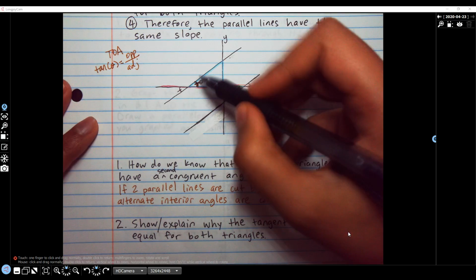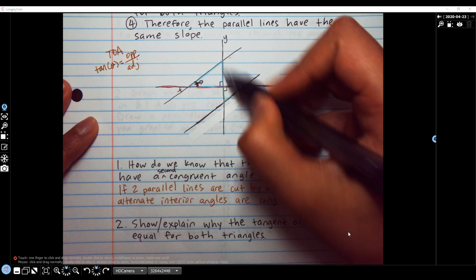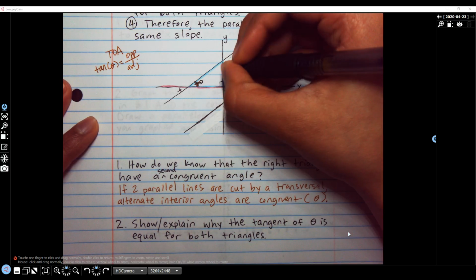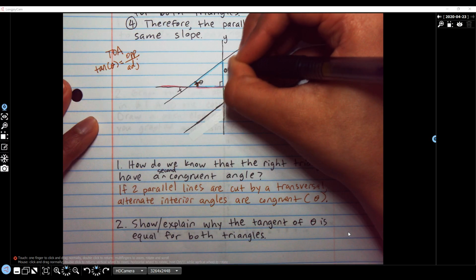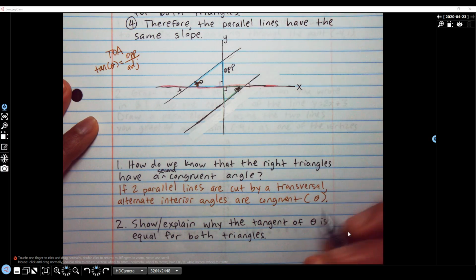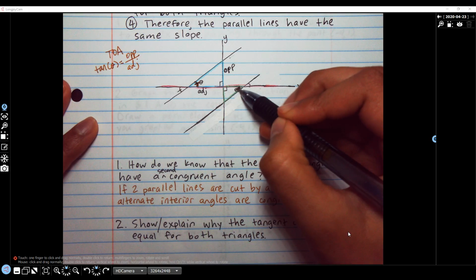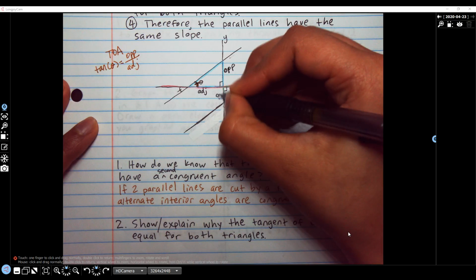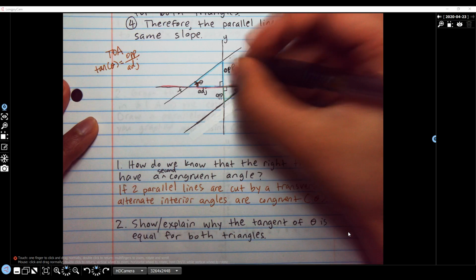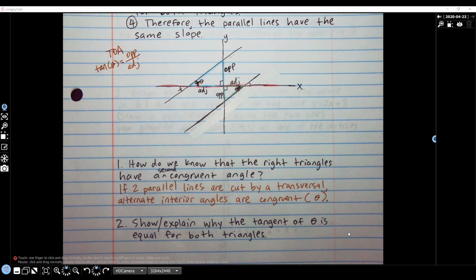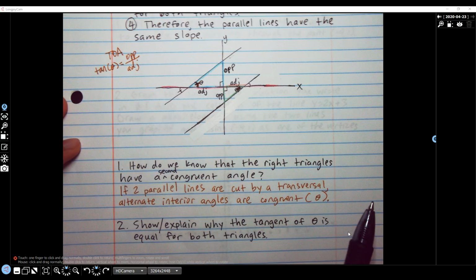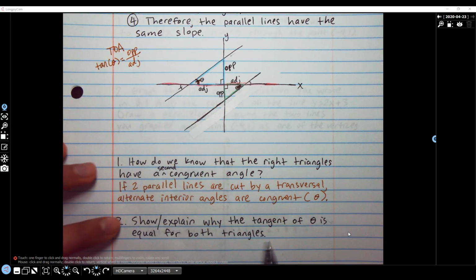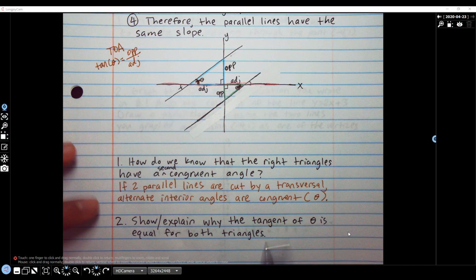So in our blue triangle, from theta, this is my opposite side. Okay, and then we've got our adjacent here. And then in my green triangle, from theta, I've got this side here as my opposite, and then this side here as my adjacent.